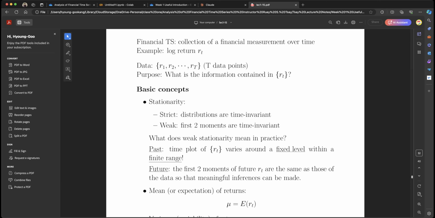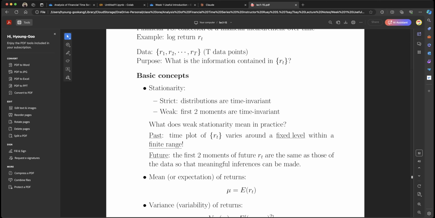So the basic concept here is stationarity. There are two types of stationarity: strict stationarity and weak stationarity. Strict stationarity means the distribution is time invariant, where the numbers are different, but the entire data is from the same distribution. Weak stationarity concerns the first two moments. What are the first two moments?